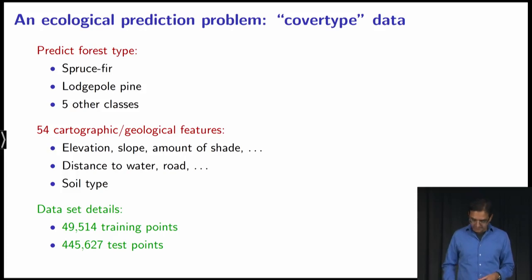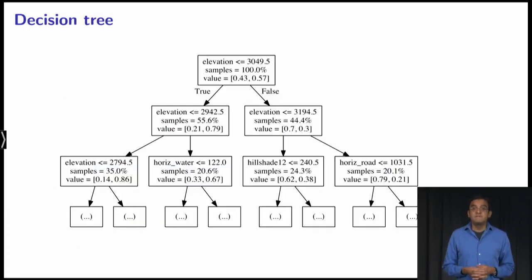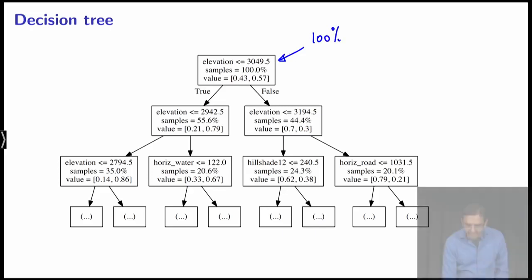Okay. So the first step was to fit a decision tree to the data, and this is the top of the tree. Let's look at some of these annotations. At the top node, for example, we have 100% of the data. All the data goes through the top.